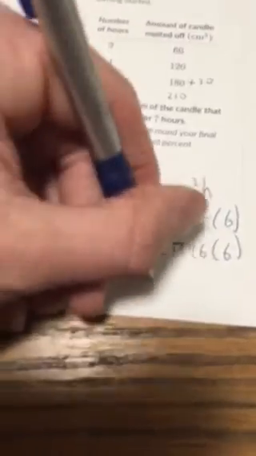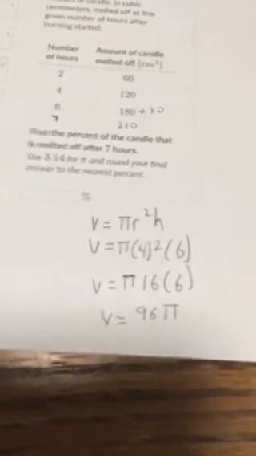And that gives us a volume of 96 pi. This is the initial volume before melting. You can also say it's the total volume of the candle before it melted.